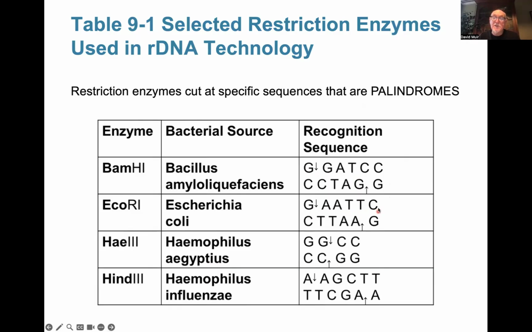And it's a palindrome, so it reads the same backwards, GAATTC, and the base pairing is G to C, A to T, A to T, T to A, T to A, C to G. And again, they cut between the G and the A, the G and the A. Now, the effect of this is that those pieces of DNA separate from one another. They split apart. That is how the restriction enzyme inactivates the virus, cuts up its DNA.